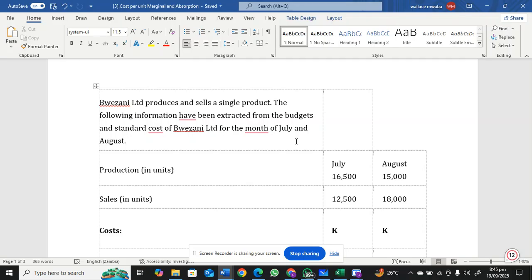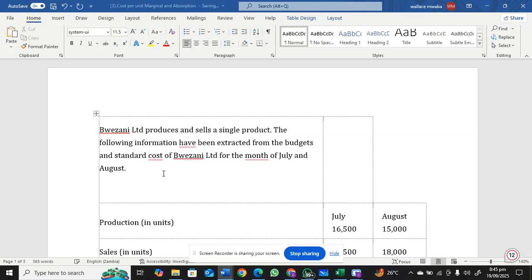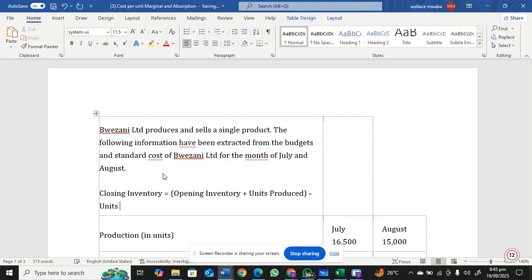So we have to find out what our closing inventory is. This is the formula for closing inventory. Closing inventory equals opening inventory plus units produced minus units sold.